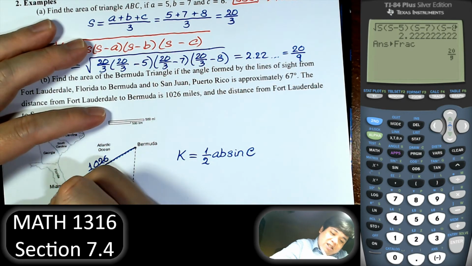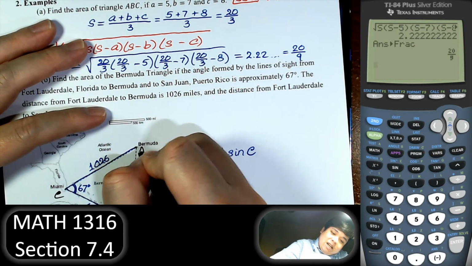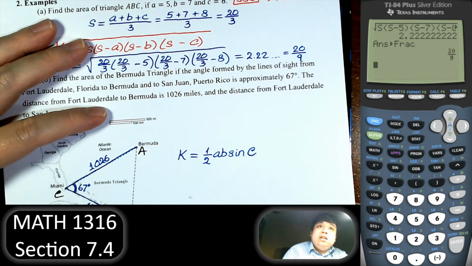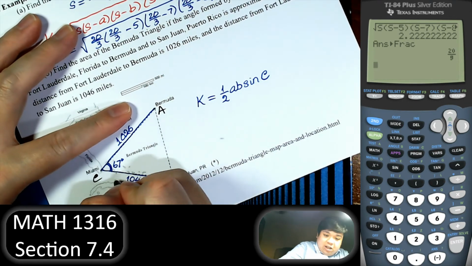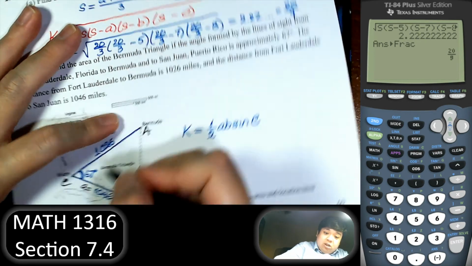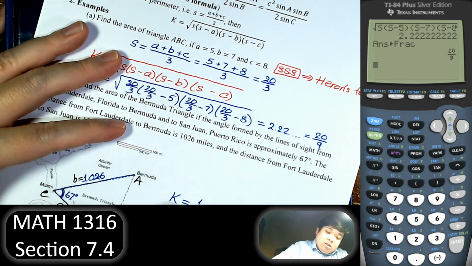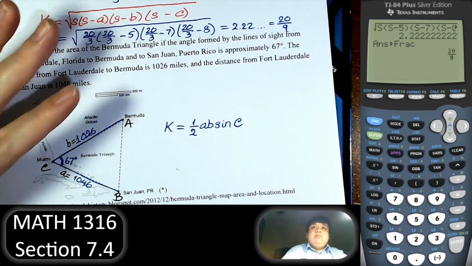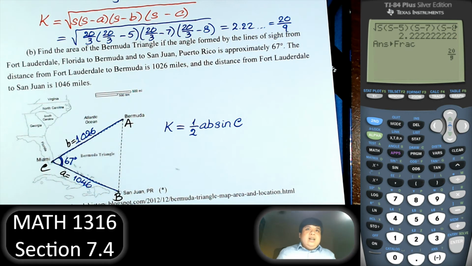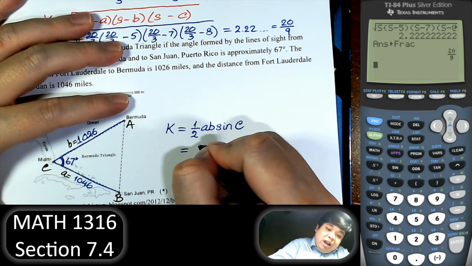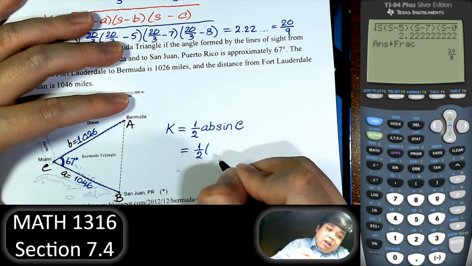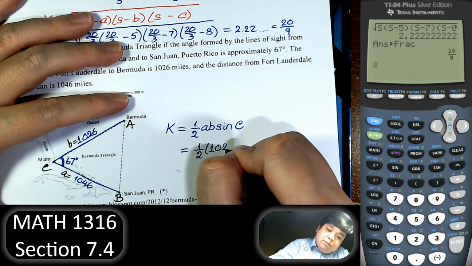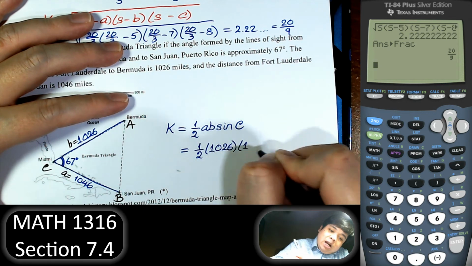So let's say this is angle C. Let's say that is A, that is B. So in that case, this is going to be little a because it's opposite to A, and this is b because it's opposite to B. So in that we have ab sine C, right? If you're not sure, put in the letters. But since we have the angle between the two sides, we're just going to use it.